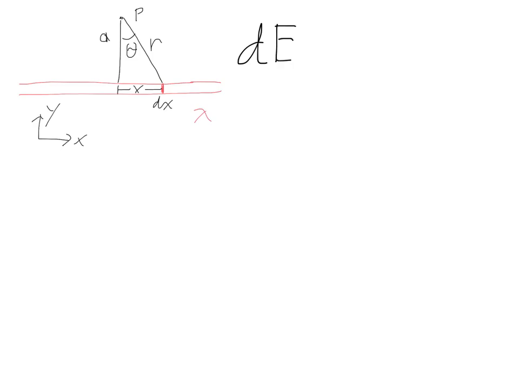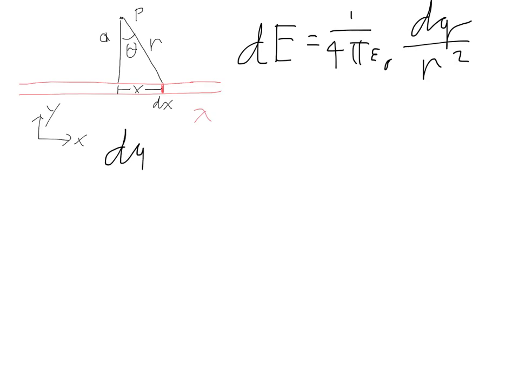Remember that it was defined as 1 over 4 pi epsilon naught, times the infinitesimal charge divided by r squared. Now, we have a way of relating that infinitesimal dq to something else we can integrate over. That dq is simply lambda, the charge density of this wire, times dx.